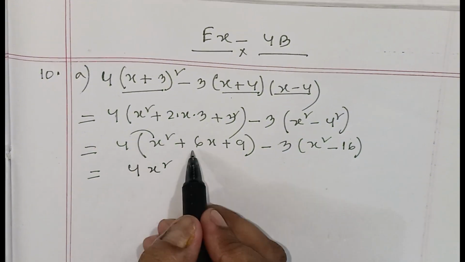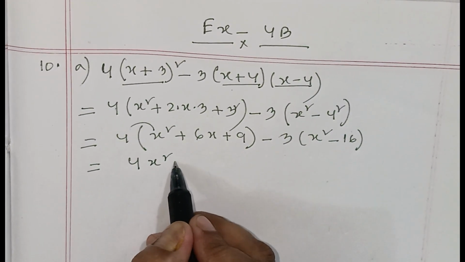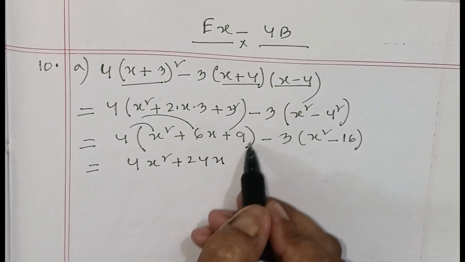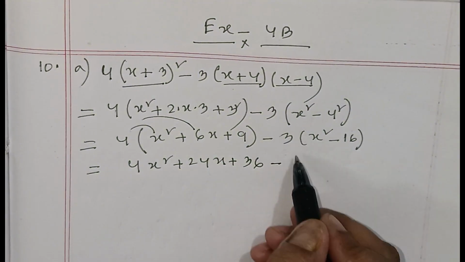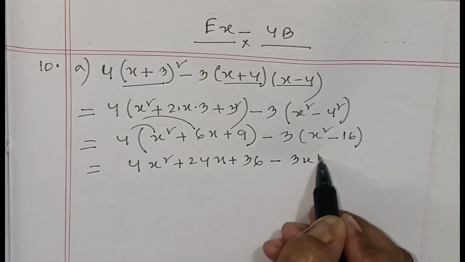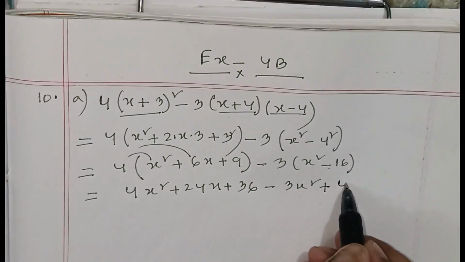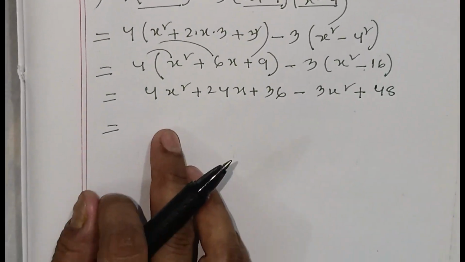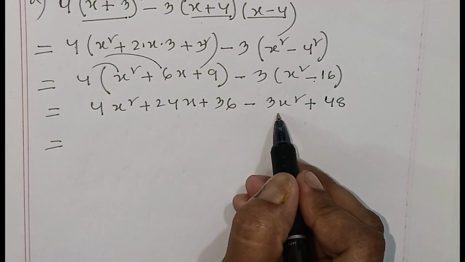4x square, again 4 multiply 6x, that means 4 6s are 24x, again 4 multiply 9, 4 9s are 36. Same here, 3x square minus, and 3 16s are 48. Now check like terms here, 4x square and 3x square.